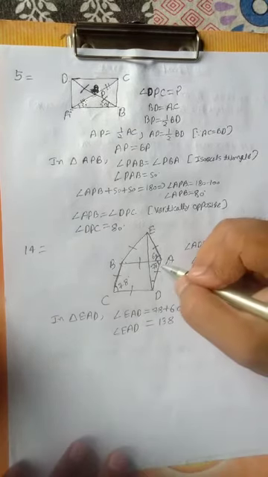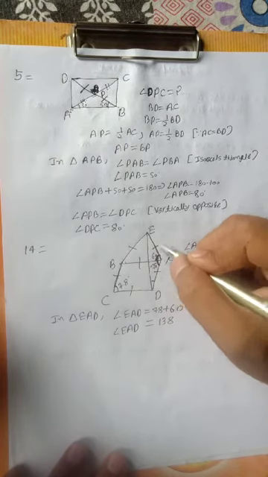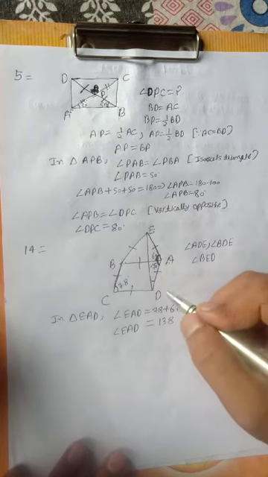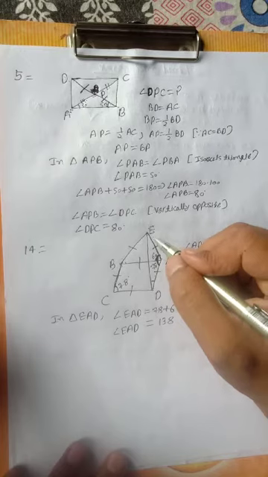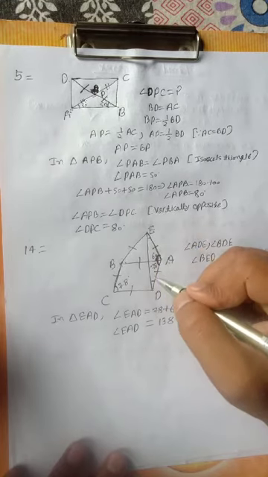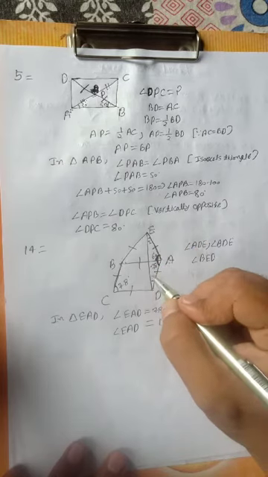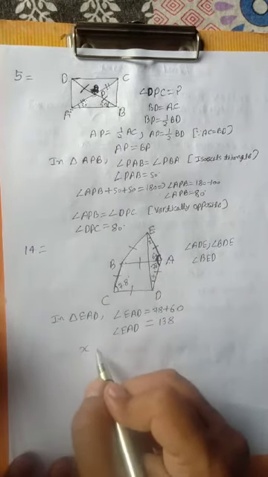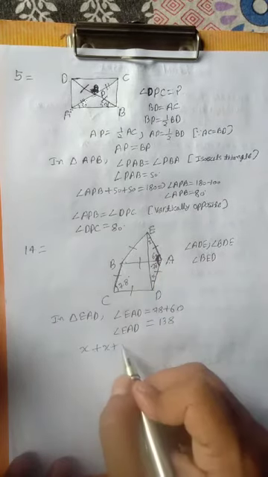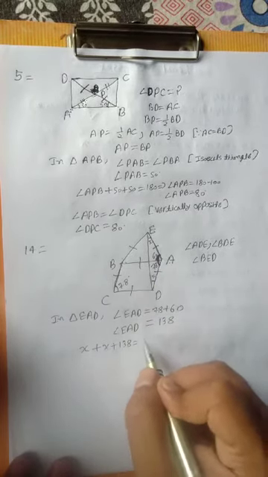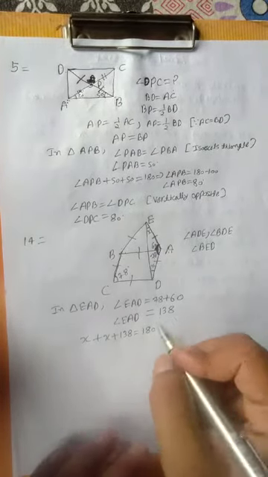This angle is 138, and we know that EAD is an isosceles triangle because two sides are equal, so their opposite angles, this angle and this angle, are equal. Let us suppose this is x, this is also x. Then x plus x plus 138 degrees equals 180, sum of all interior angles of a triangle.